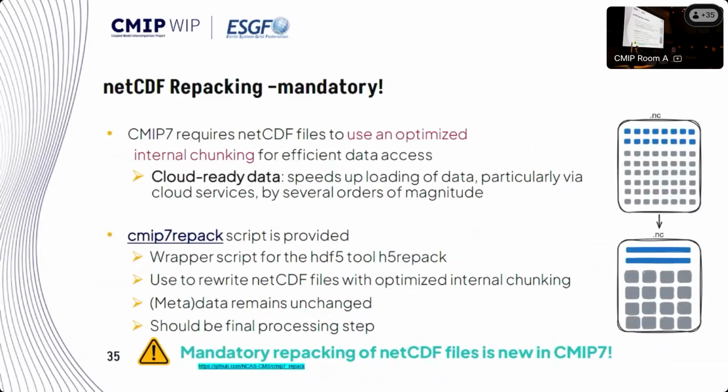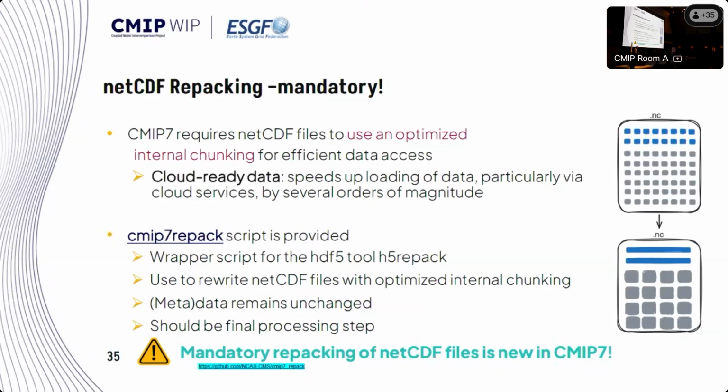There is another mandatory processing step after the CMORization that has to be done. So we would like the data to be cloud ready, so that the access, especially via cloud services, to the data is very efficient and fast. There needs to be an optimized internal chunking applied to the netCDF files.